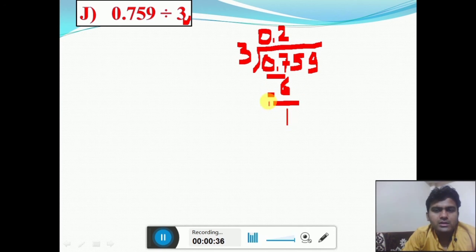Now 1 is not divisible by 3, so we will bring down the next number, that is 5. So the number will become 15. Now 3 5s are 15.